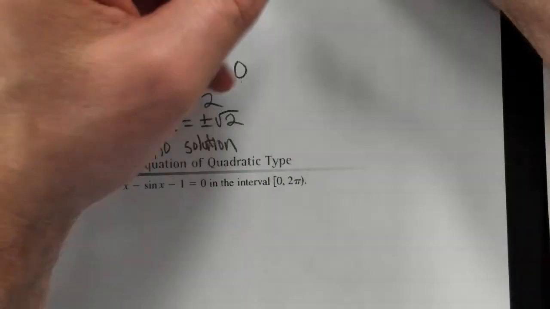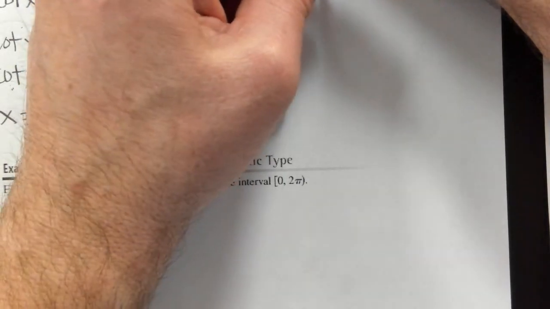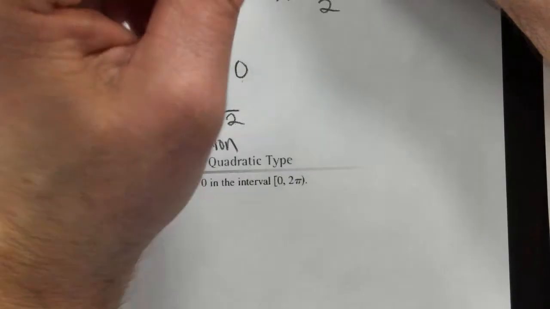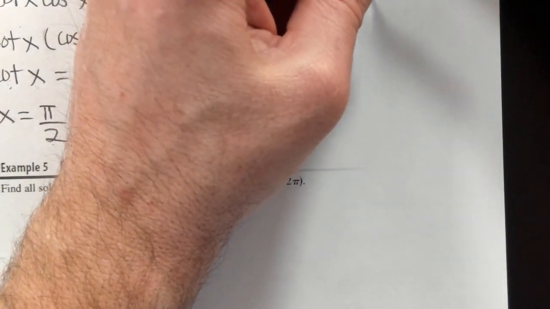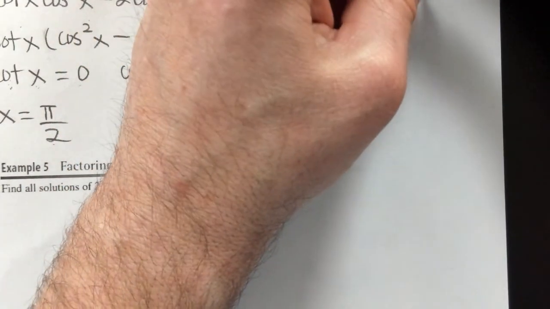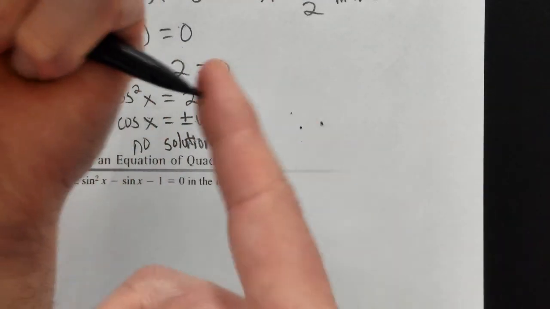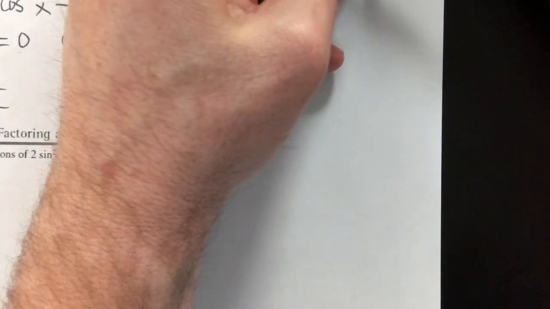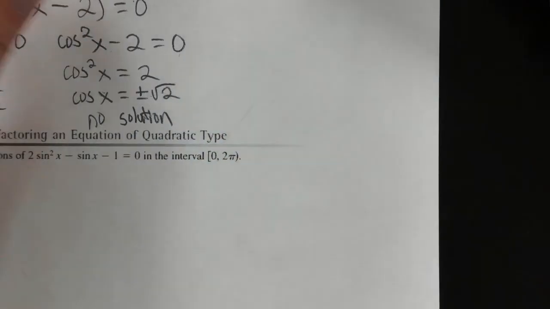So my x is equal to pi over 2, and that's the interval solution from 0 to pi.